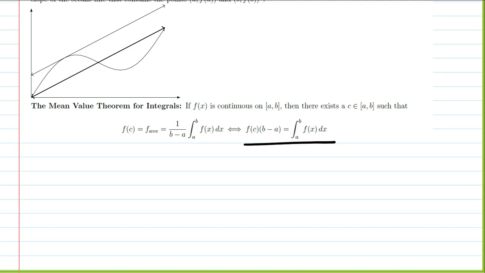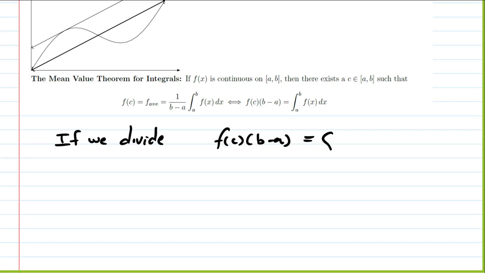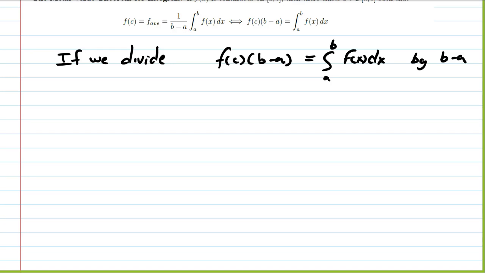So we have our mean value theorem for integrals, but if we were to divide both sides of that equation by b minus a, f of c times b minus a equals the integral from a to b of f of x dx, by b minus a, we end up with the following.